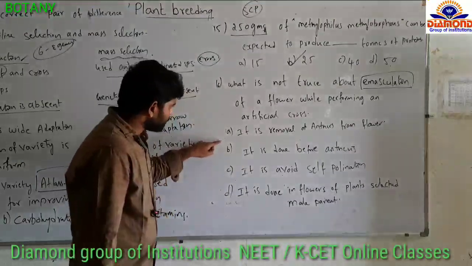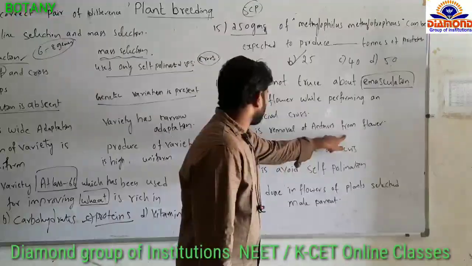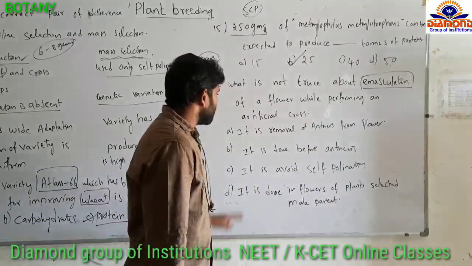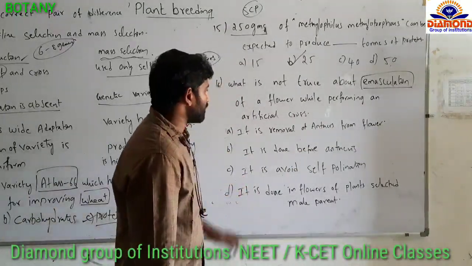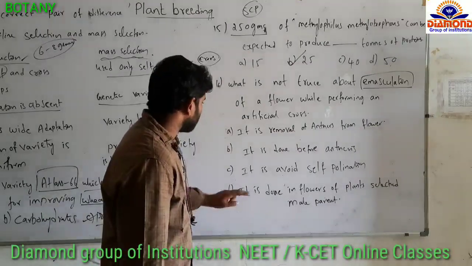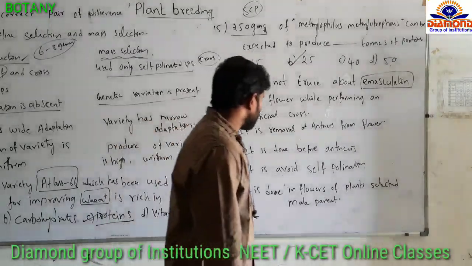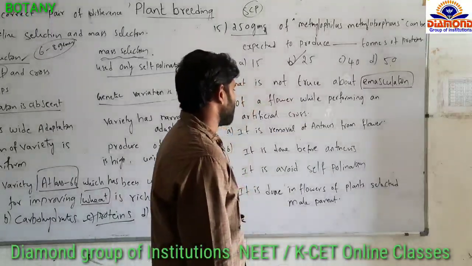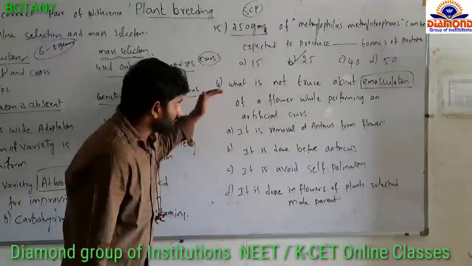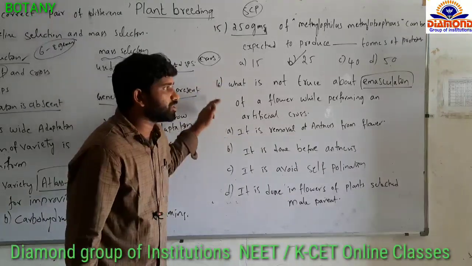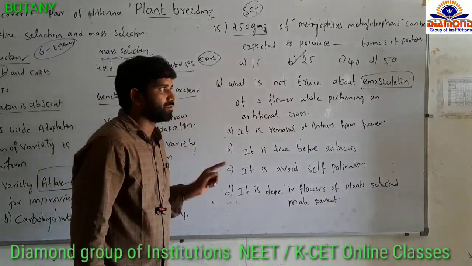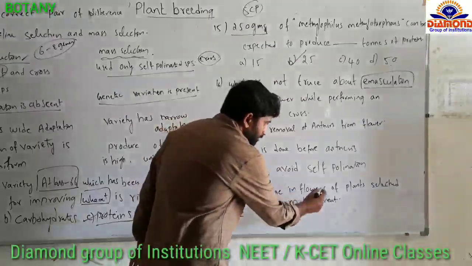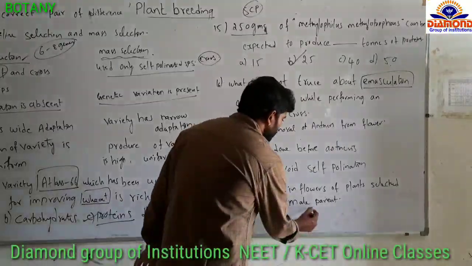Option A, it is removal of anthers from a flower. Option B, it is done before anthers mature. Option C, it avoids self-pollination. And option D, it is done in flowers of the plant selected as male parent. I already said emasculation is done in the bisexual female flower, but option D says it is done in the flower of the plant selected as male.